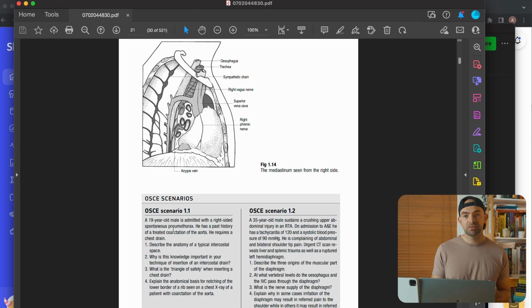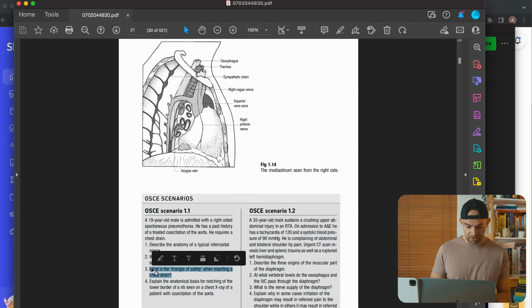Now, for something like this, we're not necessarily going to know all the answers, and the questions themselves are probably going to pose some concepts that we don't know or haven't learned yet, because we're diving directly into some of the key topics we're finding the toughest, which is the most efficient way to learn, in my opinion. If something like the triangle of safety comes up and you have no clue what that is, you might simply say, okay, I don't know, that question's really hard.